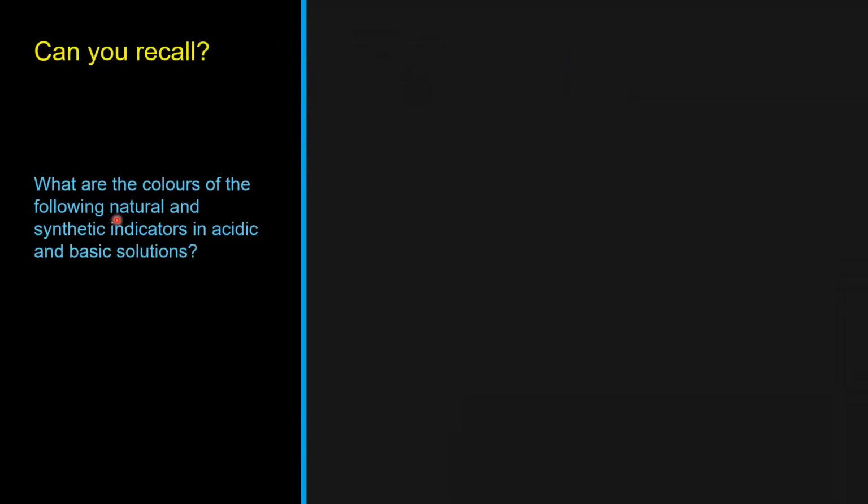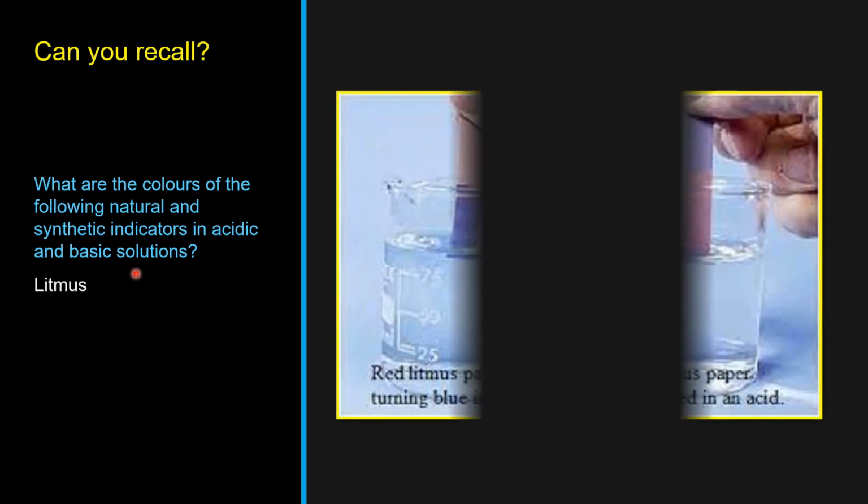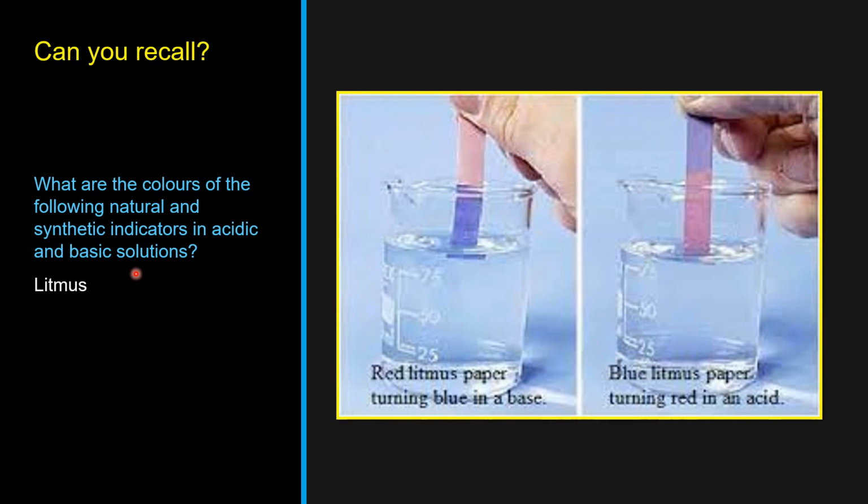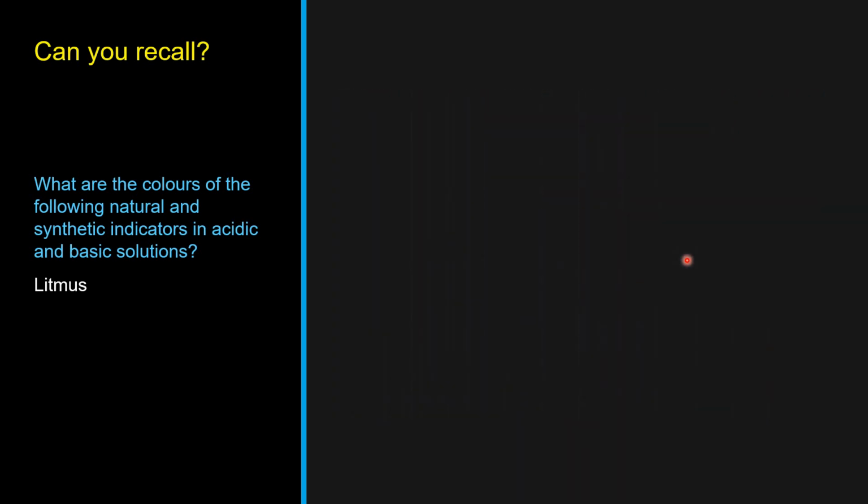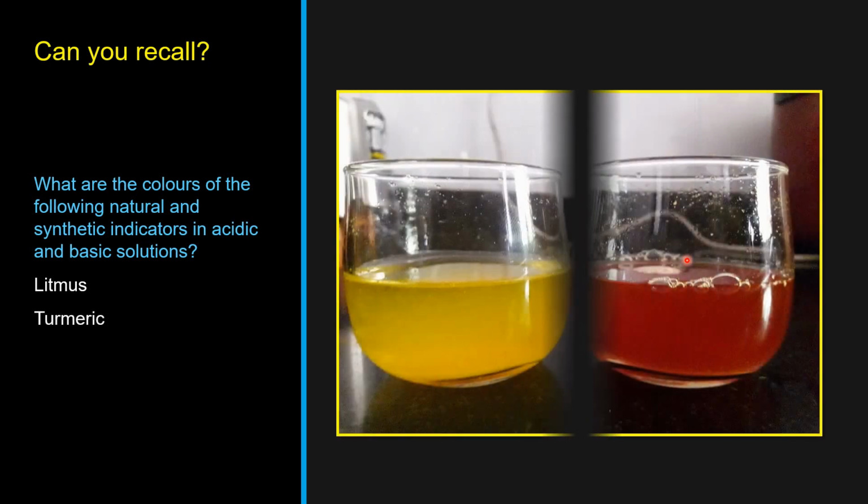Children, can you recollect? What are the colors of the following natural and synthetic indicators in acidic and basic solutions? Do you remember? This we have learned in our previous standard about litmus. Red litmus turns blue in a basic solution, whereas blue litmus turns red in an acidic solution. About turmeric.